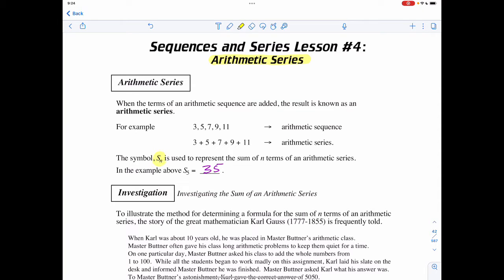Anytime I see Sn, it means that I'm taking the sum of that many terms in the sequence. So anytime I see Sn on my formula sheet, I know that those formulas are only used for series. They are not used for sequences. It's not going to tell you what the individual terms are. It's going to tell you what all the terms up to that point added up will be.